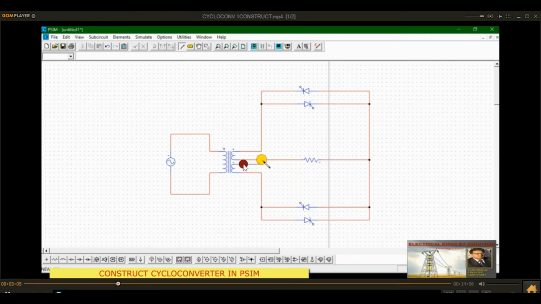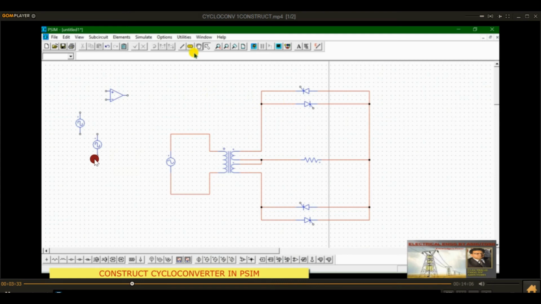And then this is the center tapping. This is the center tap, and through this point, from here to here, we connected the resistive load. Then see, this is a comparator, we are providing gating signals. I have selected comparators here in order to provide the gating signal.